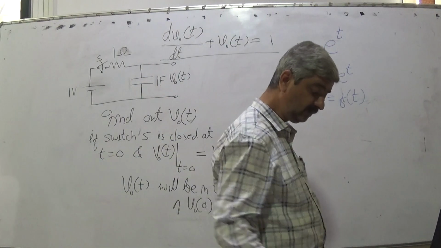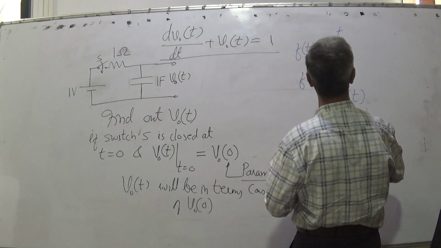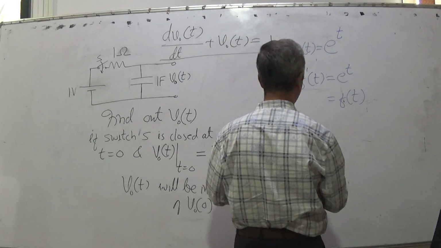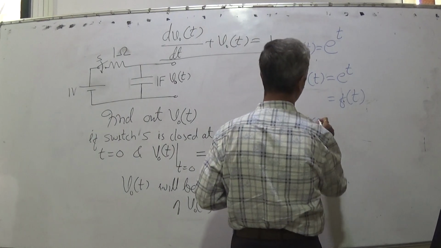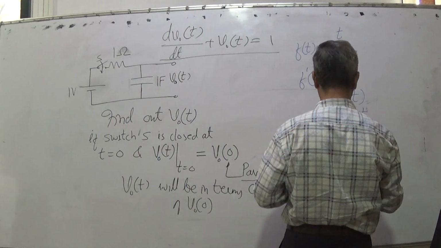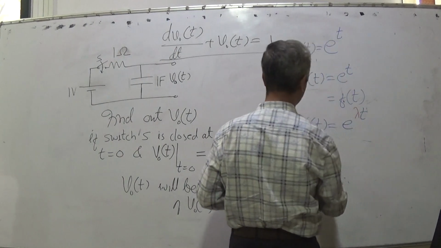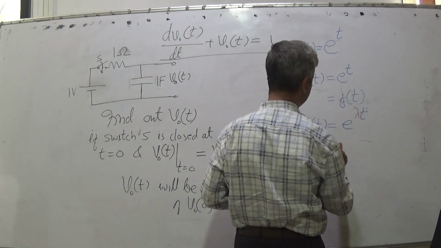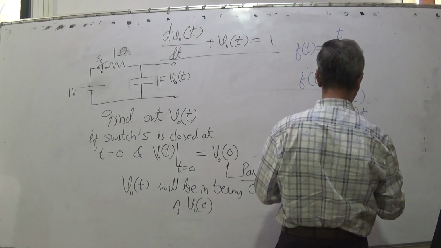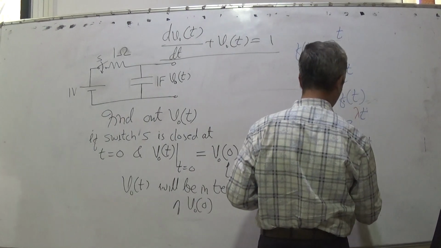Now, if I put another constant here and make it e raised to lambda t instead of e raised to t, where lambda is a constant, then f dash t is equal to lambda e raised to lambda t, which is equal to lambda f t.